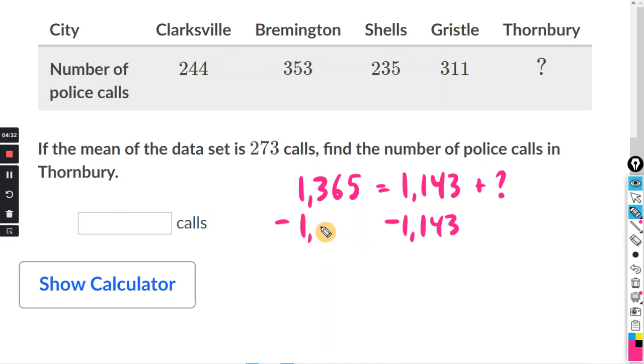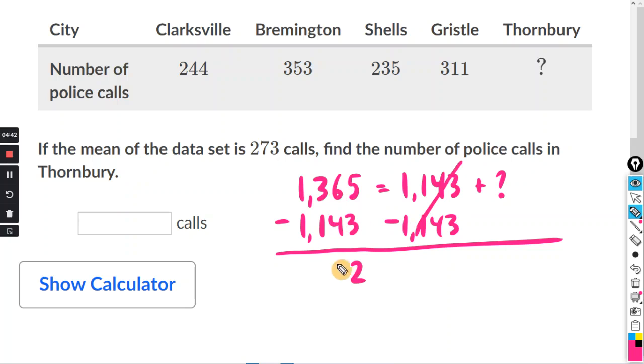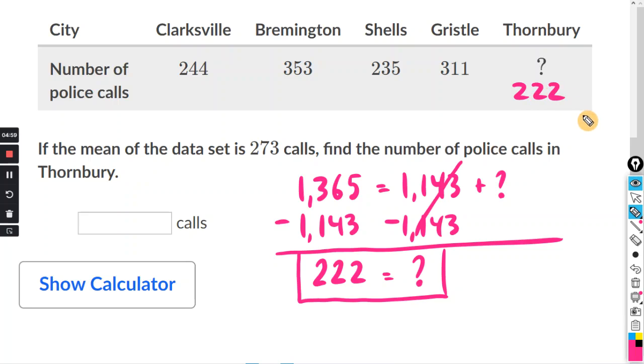Of course, you want to do the same thing for both sides, and it cancels here. 5 minus 3 is 2. 6 minus 4 is 2. 3 minus 1 is 2. And 1 minus 1 is 0. So the question mark equals 222. So this value right here is 222.